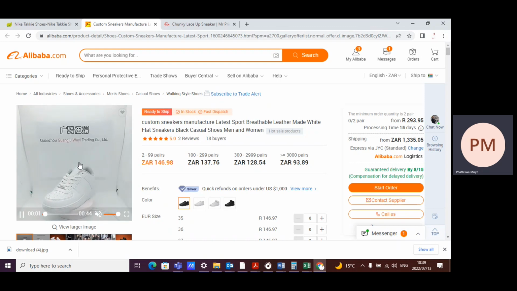So the factory, to make 3,000 pairs and above of these shoes, it will spend 93 Rand 89 cents per pair.